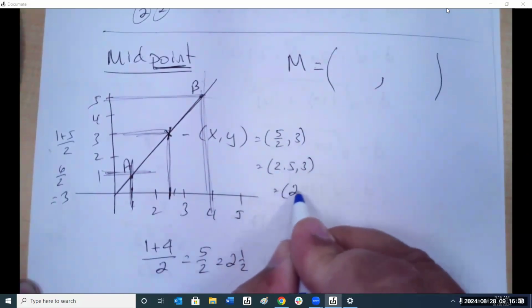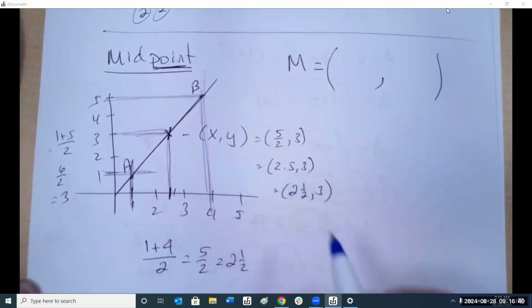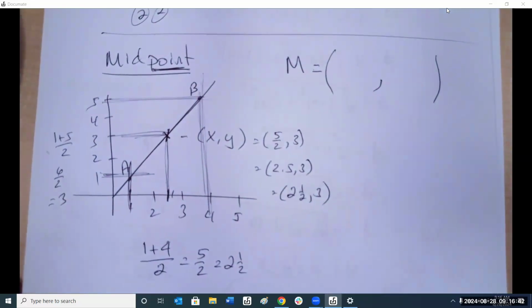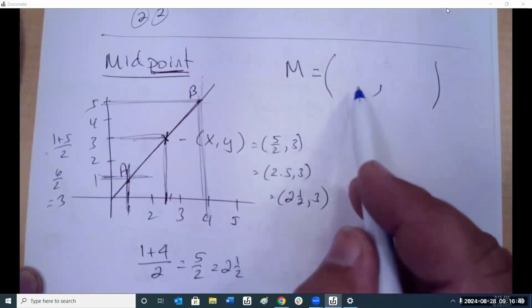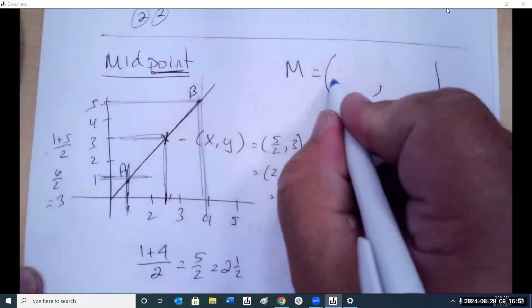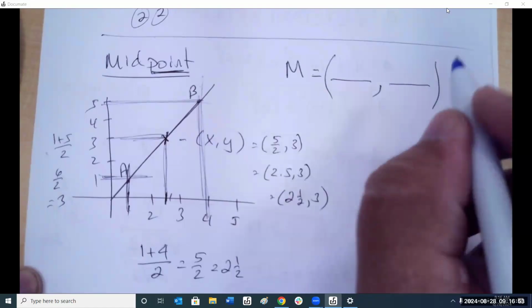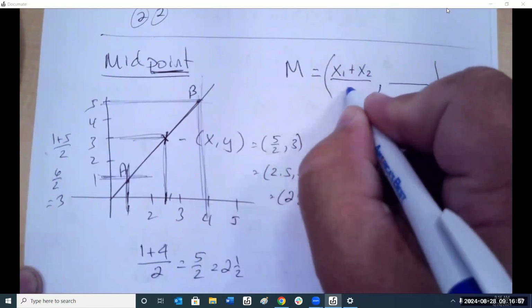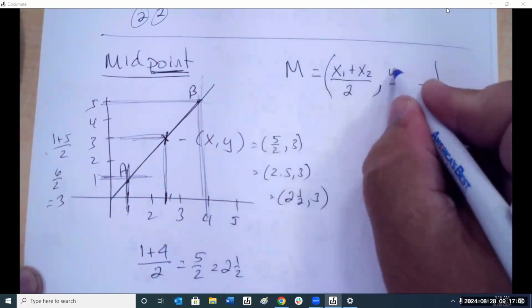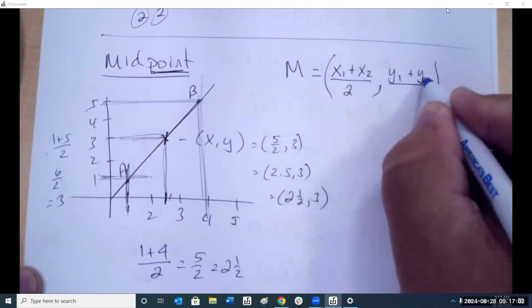You could put 2 and 1/2. Any of those work. So now we have to figure out what formula we put there. X1 plus X2, because we're looking for the average of your X's and the average of your Y's.